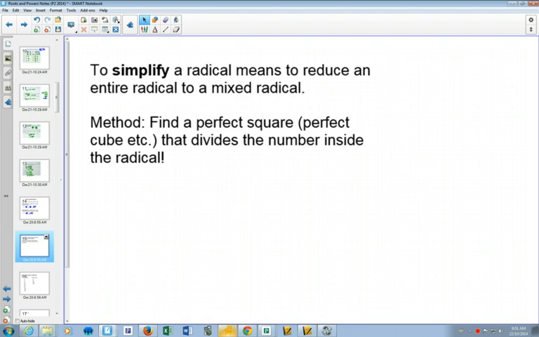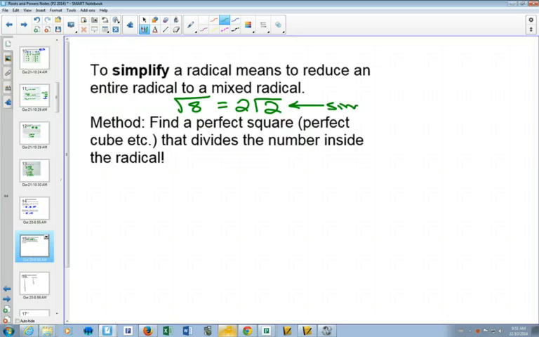So what we have to do to simplify a radical is we have to change entire radicals to mixed radicals. And one of the ones I showed you yesterday was the square root of 8 is equal to 2 square root of 2. This side we would call simplified.